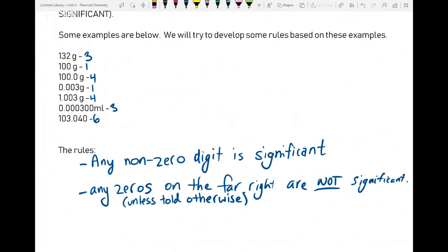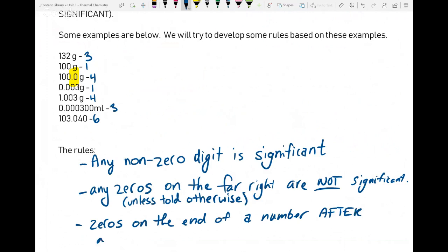The only exception to that is zeros after a decimal place. So zeros on the end of a number after a decimal place are significant.